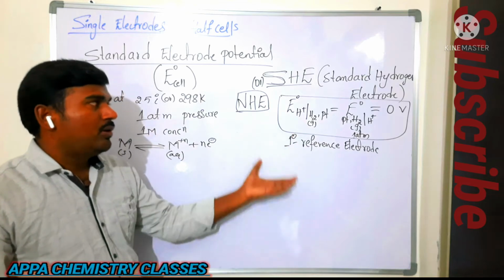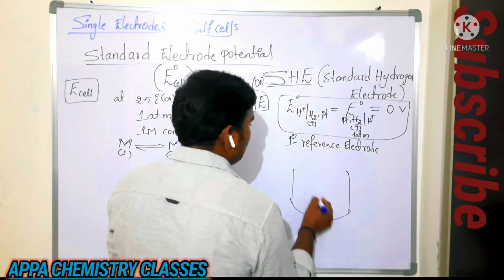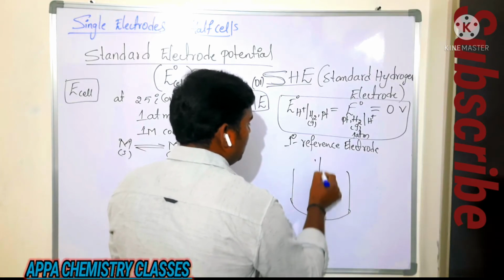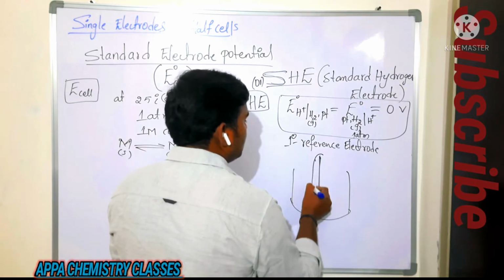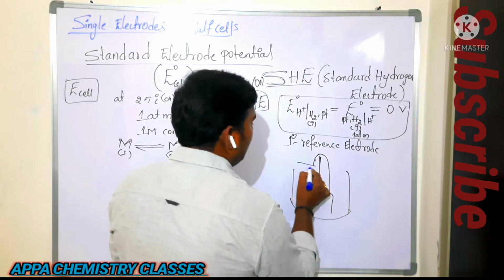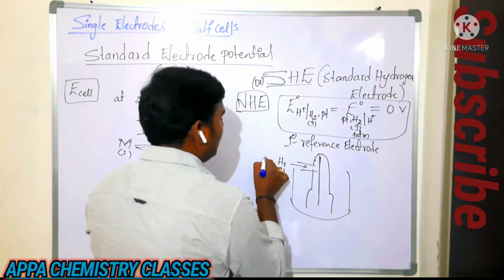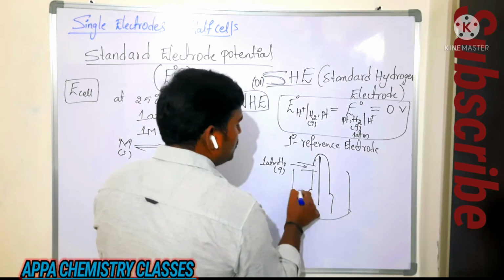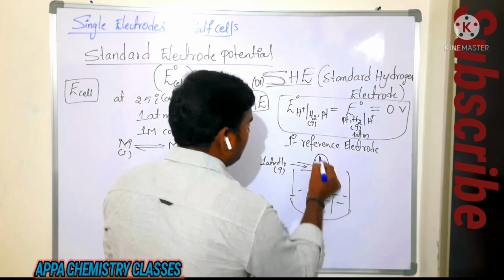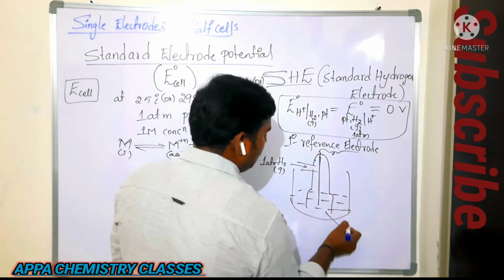Just now I told you how we get a hydrogen electrode. Here we place the platinum rod, and we bubble hydrogen gas with 1 atmosphere pressure. We have the electrolyte here, a 1 molar electrolytic solution.